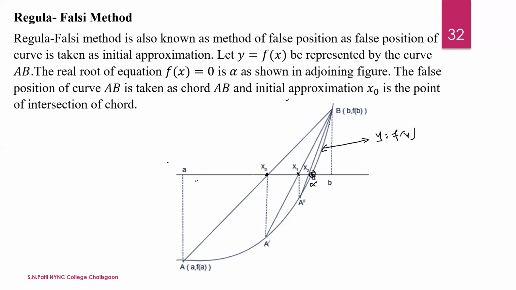Okay, we reach the correct root of the equation y is equal to f of x. So for that we use the concept of finding the equation of the line AB. Let us see.